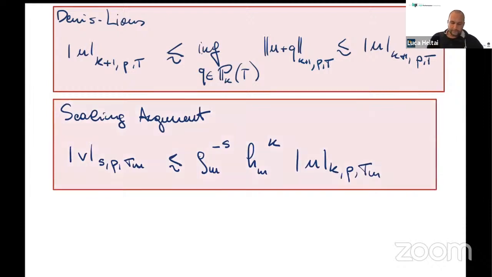And the third result is the actual meat that is used to prove the error estimates. The third result is the Bramble-Hilbert lemma.